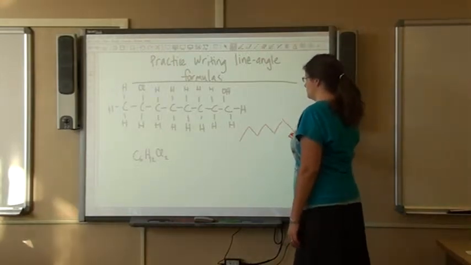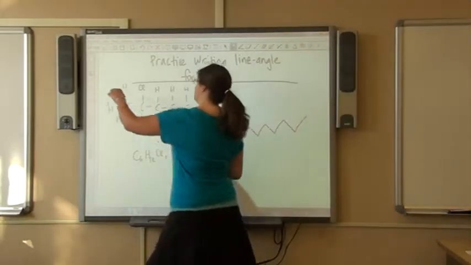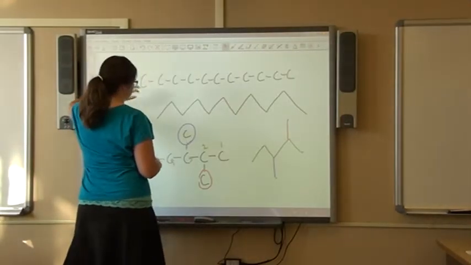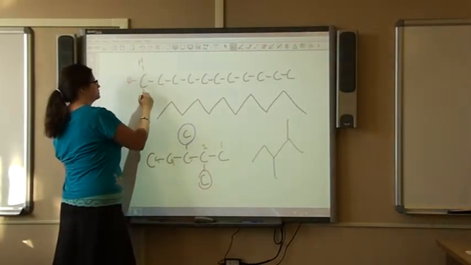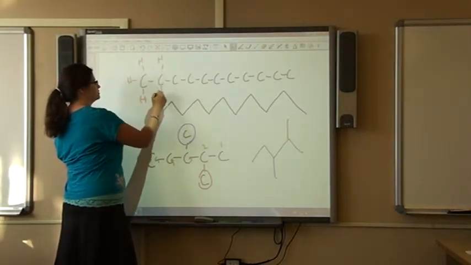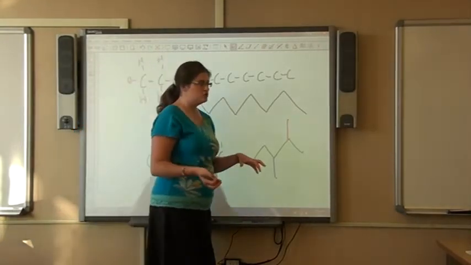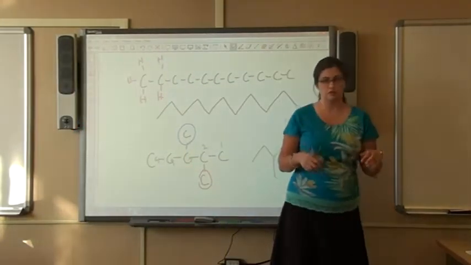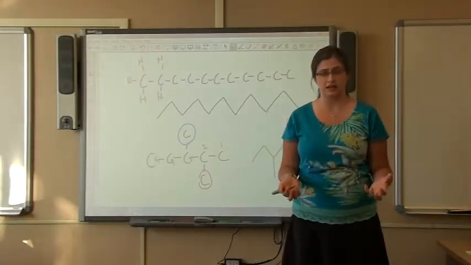Now, before, when we were doing these examples, we were assuming that each one of these things, we'll call it, on the carbon chain were H's. Hydrogens in organic compounds, when we're writing the line angle formulas, are what are called implied.